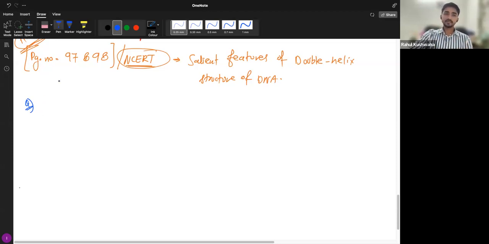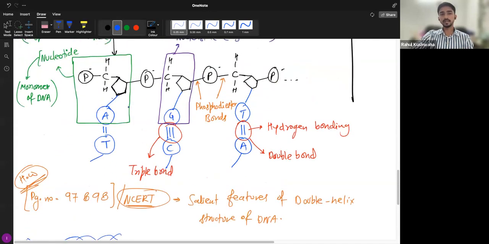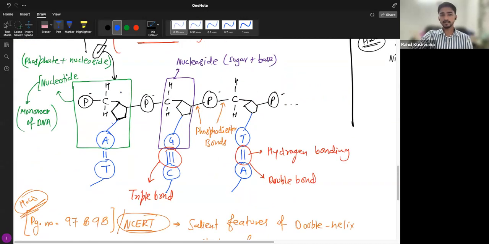And it's very easy. If we start with this, you have understood by now that there are 2 polynucleotide chains in a DNA. So this is one chain and I call it polynucleotide because I just told you in the last class that a nucleotide contains phosphate, sugar, and base, all three.